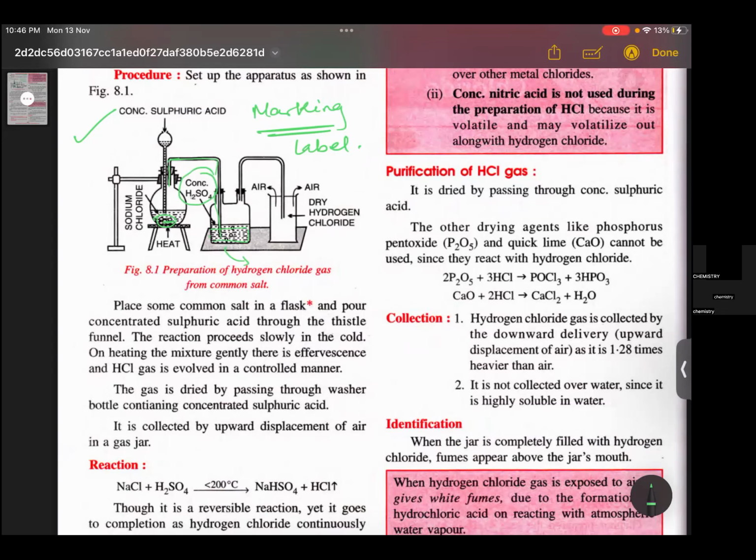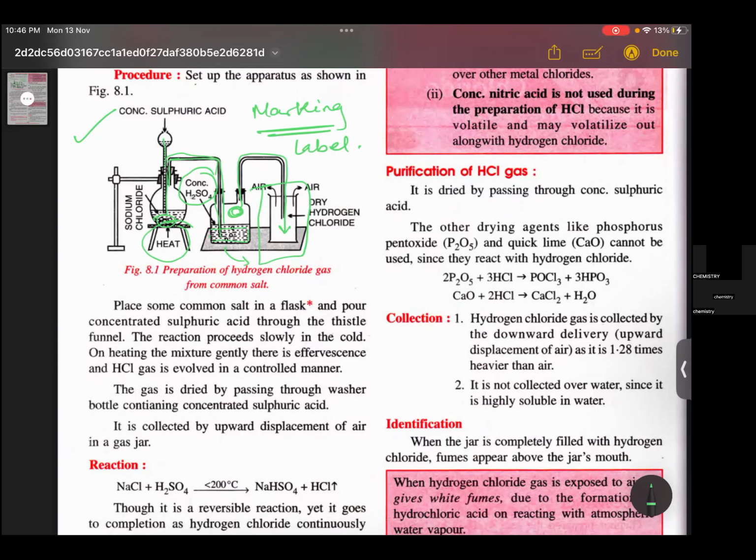So what you're doing is, you're pipetting in concentrated H2SO4 and you're heating it, and you're passing the fumes through concentrated H2SO4 again. And whatever gas is evolved then passes through this and gets collected in a beaker. This beaker is empty.